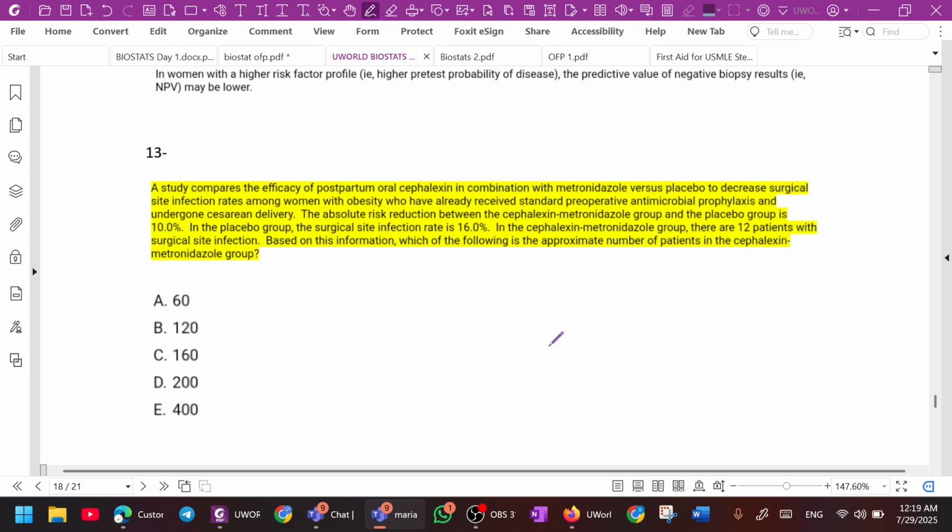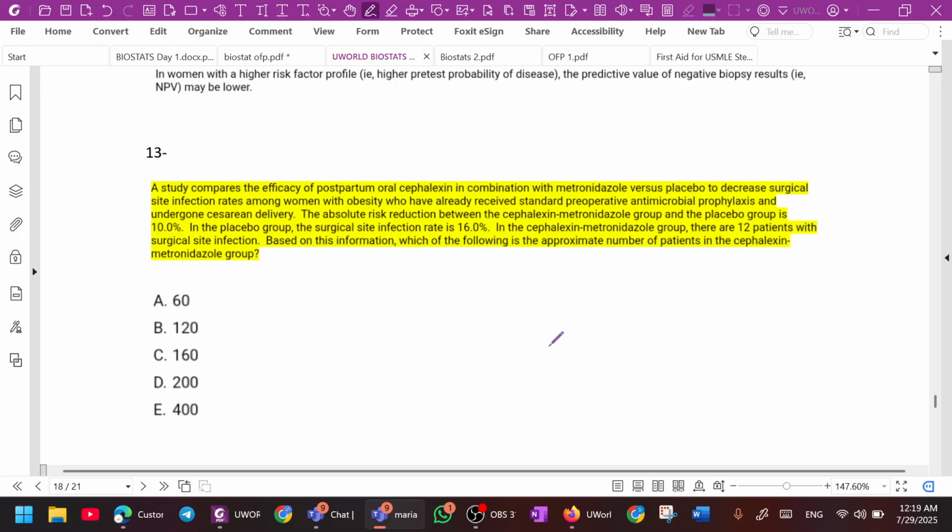A study compared the efficacy of postpartum oral cephalexin in combination with metronidazole versus placebo to decrease surgical site infection rates among women with obesity who have already received standard preoperative antimicrobial prophylaxis and undergone cesarean delivery.